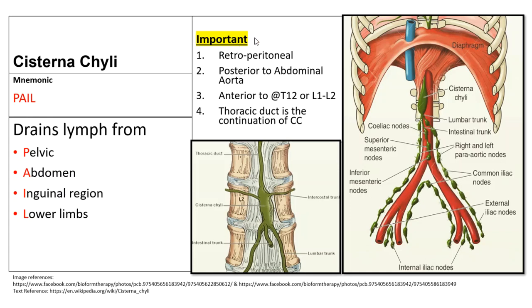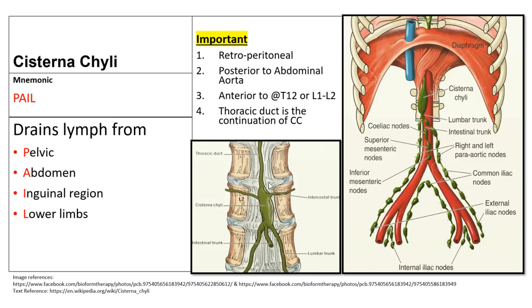A few other important things are that cisterna chyli is a retroperitoneal structure. It is posterior to the abdominal aorta. When I move to the next slide, I'll show you. And it is anterior to the T12 vertebra, or L1 and L2.